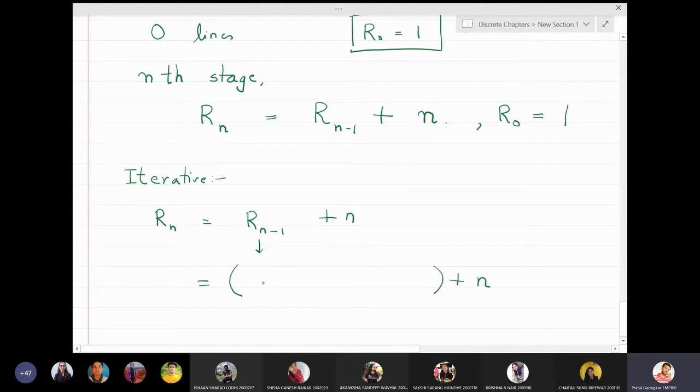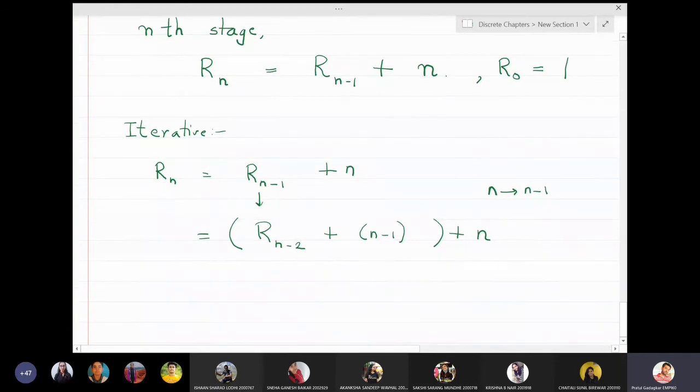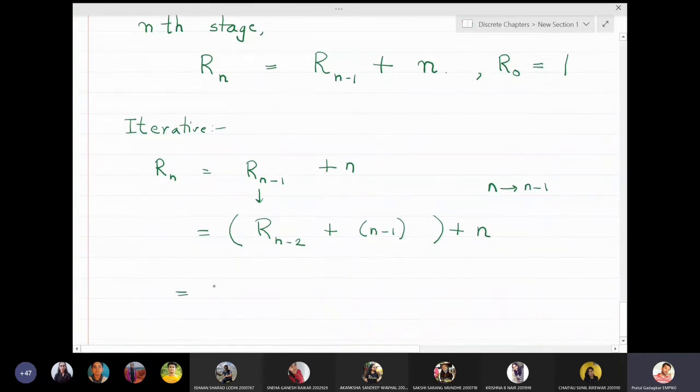Rn minus 1 can be written as Rn minus 2 plus n minus 1, because I'm replacing n by n minus 1 in the original recurrence relation. So this is nothing but Rn minus 2 plus, collecting these together, n minus 1 plus n. I will not simplify this.